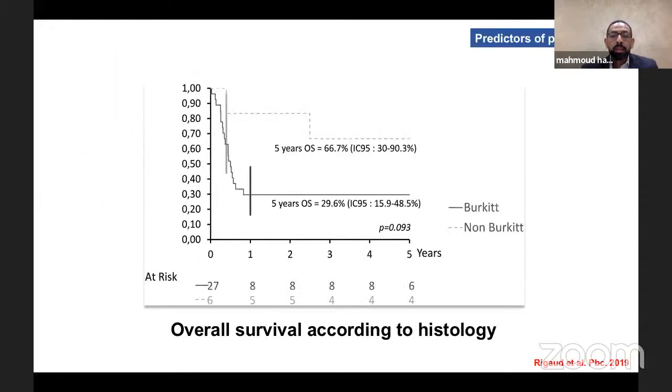Actually, Burkitt by itself as a histology is one of the poor predictors for outcome, and we can see here clearly that in non-Burkitt, the outcome is much more favorable than in those who have Burkitt histology.